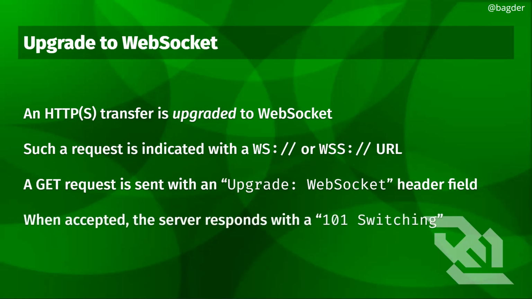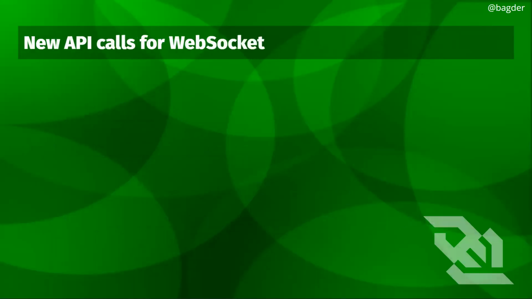Otherwise, the server will respond with a 101 Switching Protocols response code, and that is basically the server saying, okay, I hear you, we have now switched the connection to a WebSocket connection, and from this moment on, we speak WebSocket. So it's fairly easy from a client point of view and from a libcurl user point of view as well.